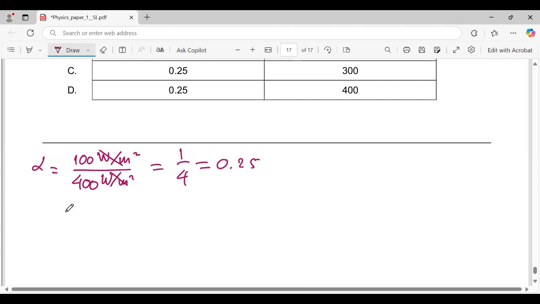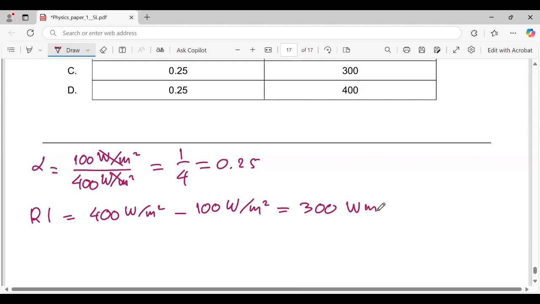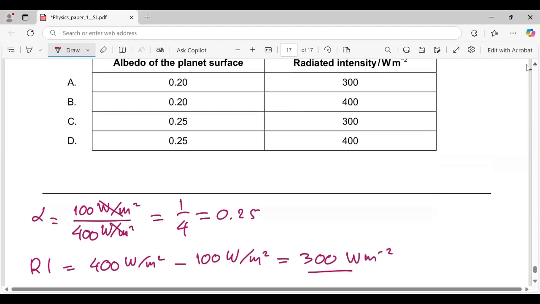Next, for radiated intensity, the formula is incident intensity, 400 watts per meter squared, minus the reflected intensity, 100 watts per meter squared. It is 300 watts per meter squared. So the solution is option C.